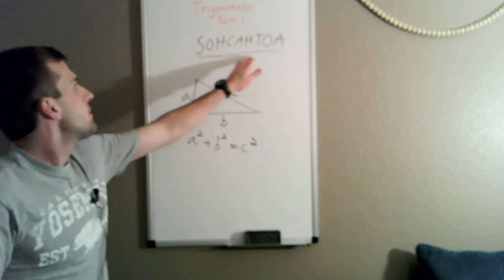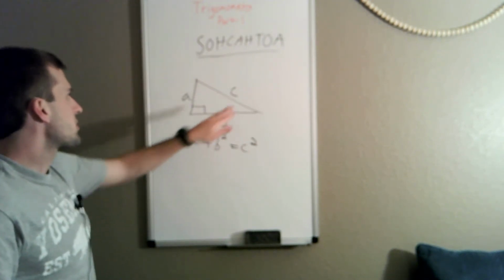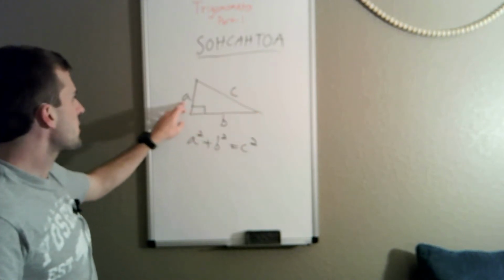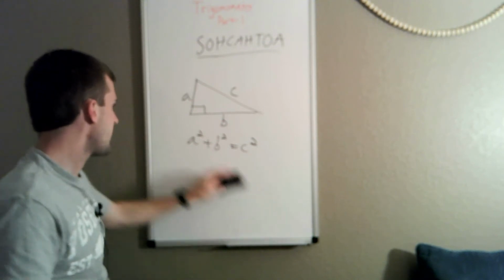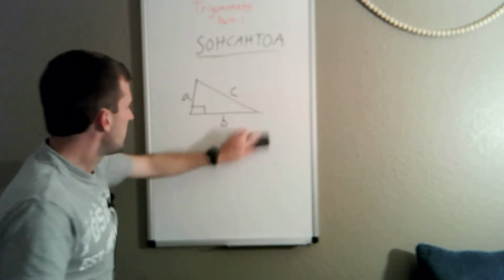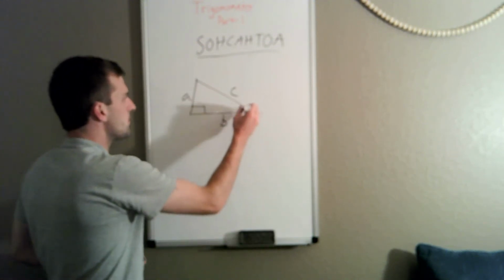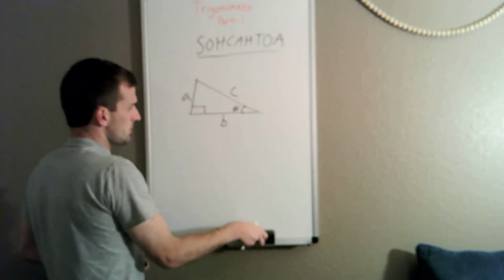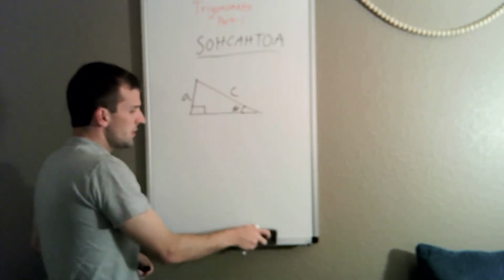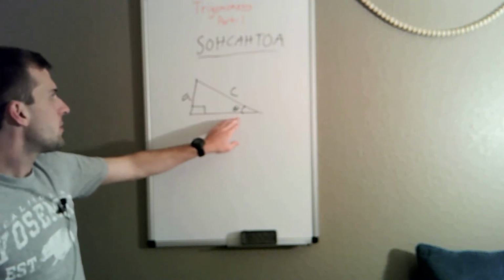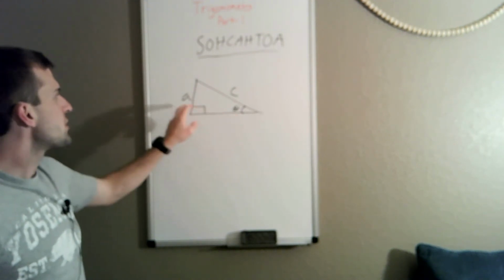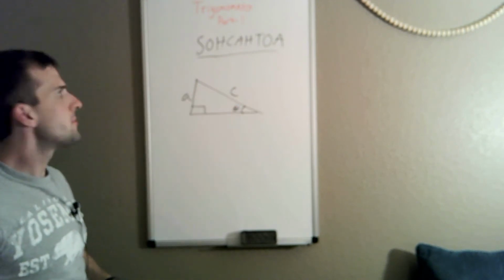Where this comes in is, let's say you're still trying to find a side and you know one of the sides, but you don't know the other side, so you don't know B or you don't know A. But you know the angle. Using trigonometry, we can find this angle by using the ratios of the other two sides that we know.